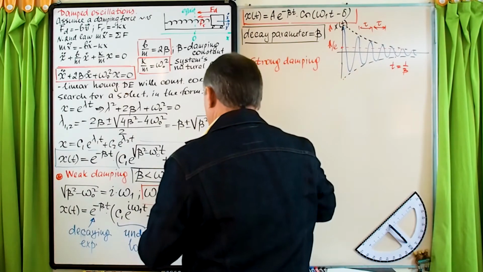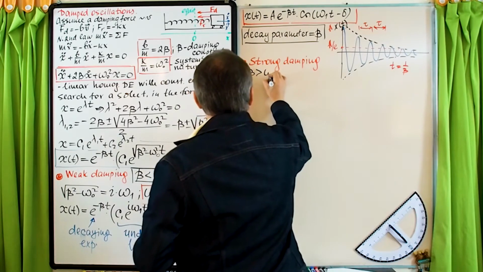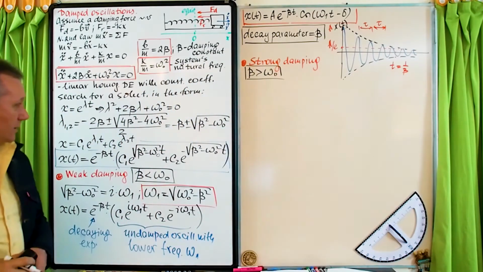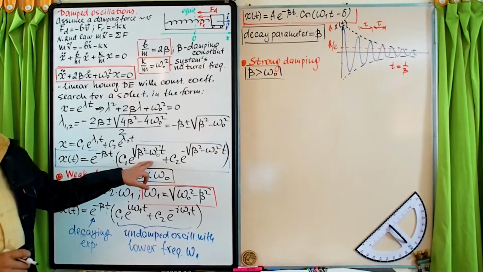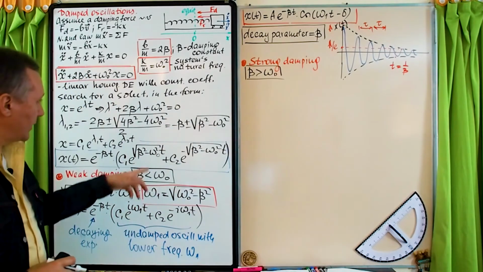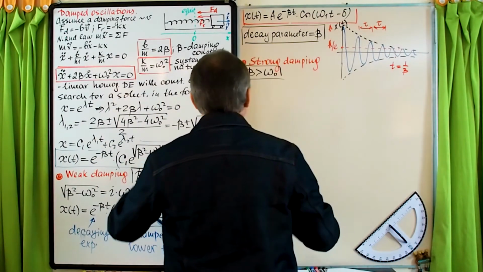And of course, in a strong damping, beta is larger than omega naught, right? And in this case, again, this is our solution. We're just adjusting this solution for this or that particular case, depending on the relationship between beta and omega naught. So these radicals are real.